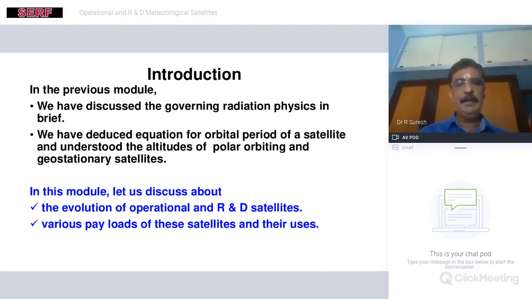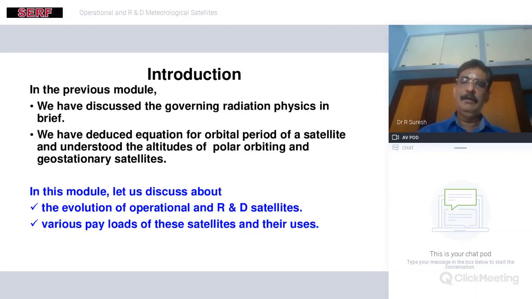In yesterday's module, we discussed the basic radiation physics which governs the remote sensing technology used in our satellite meteorology.